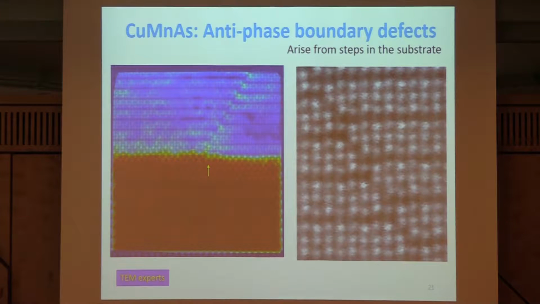What's happening is that the unit cell in the copper manganese arsenide vertically is about twice as big as the step height on the surface, and here's a step. And it's nucleating an antiphase boundary, which is the one here, running right the way up through the structure. So very often the case, if you nucleate a defect near the surface, it will tend to propagate right through.